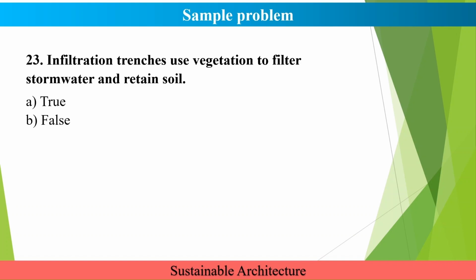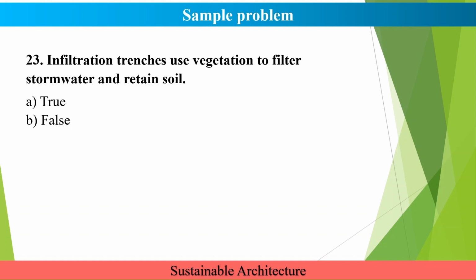False. So this is quite a tricky question, and the correct answer for this one is false, because each term has its own meaning. Different ways have been taught to you in order to prevent soil erosion or to store or filter the storm water. If you know infiltration trenches very well, then you will know that infiltration trenches use rocks or boulders to filter storm water and retain soil, not vegetation.